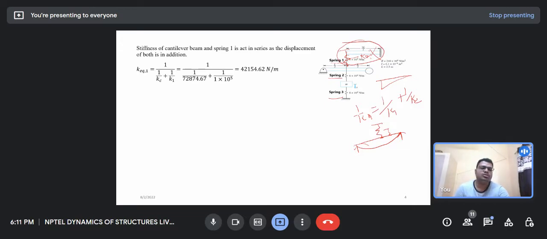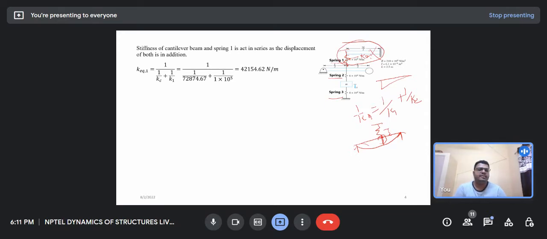If you look at the geometry, the deflection of both the spring and the beam will be the same. If the displacement at the points is different, then the combination is in series.